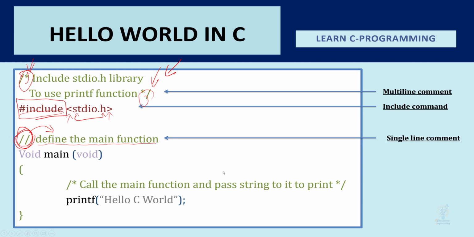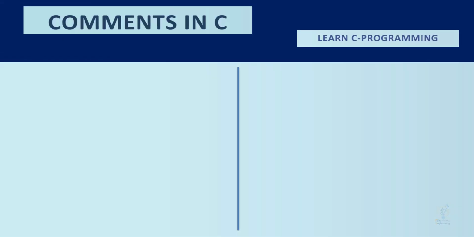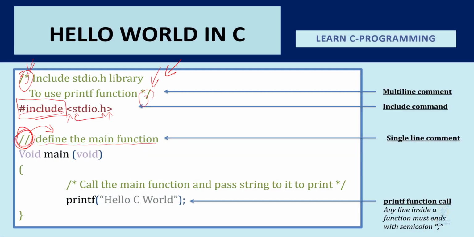Now, we already mentioned that your program must have a main function. The main function is basically the function that will be executed first in our program. As you can see, this is the function name. Now, void and void are two words that have a meaning, but we will not explain them at this point.